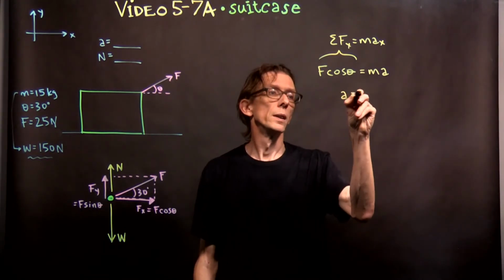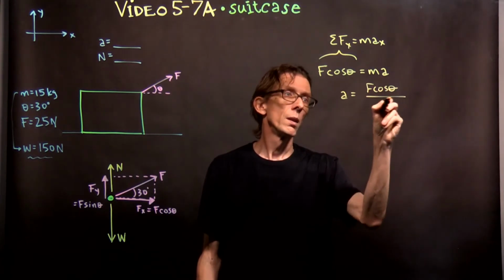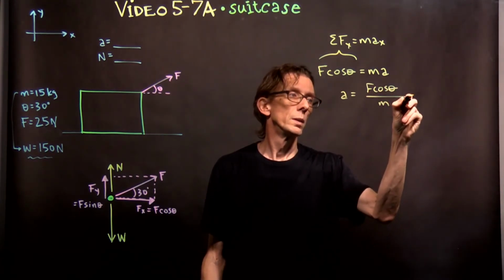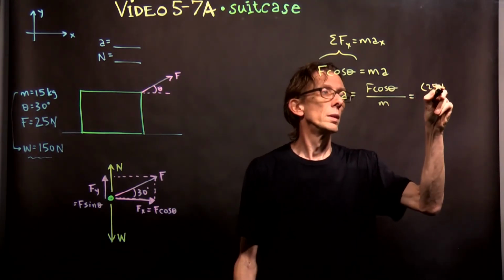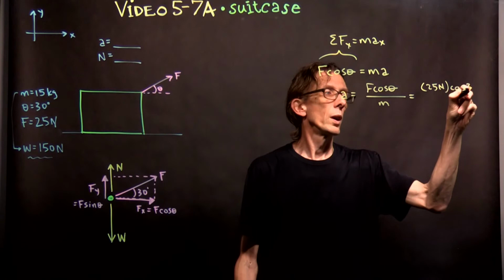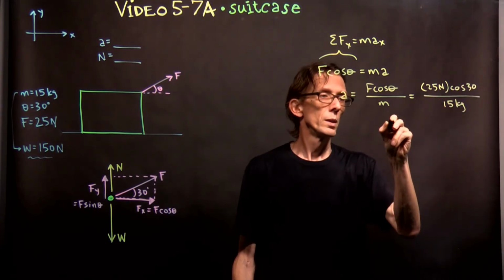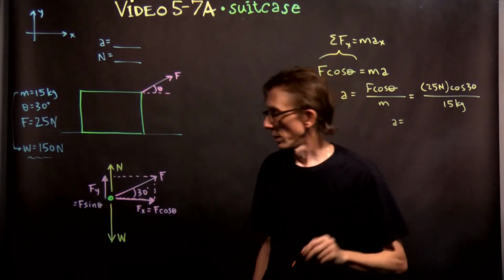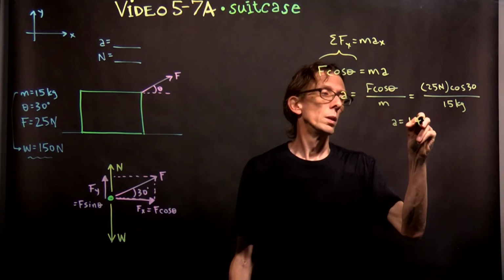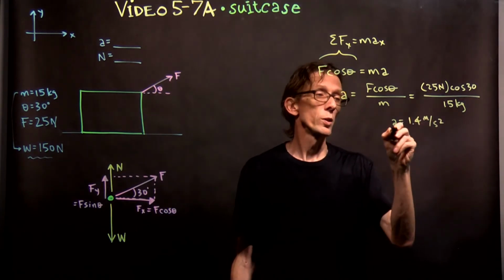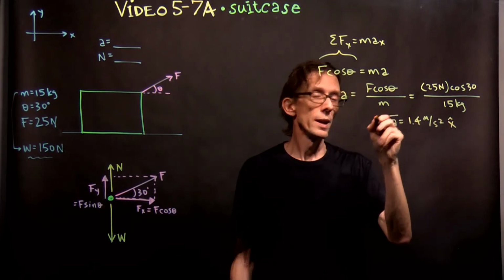So a is F cosine theta divided by m. F is 25, cosine 30 over the mass, which is 15 kilograms. You do this, and you will get a is 1.4 meters per second squared. So we can write that the vector a is 1.4 meters per second squared in the x direction.